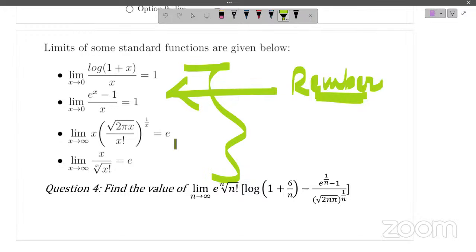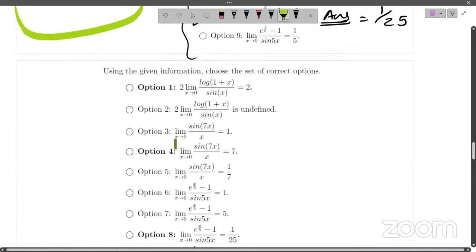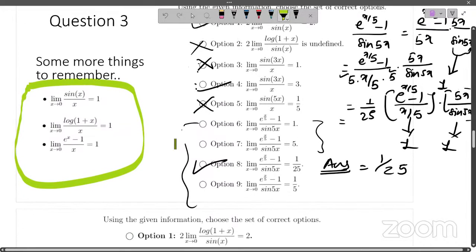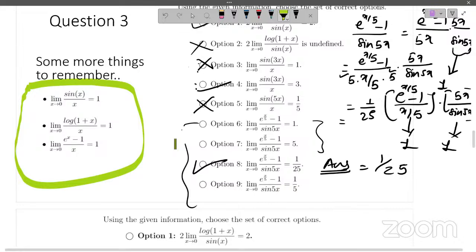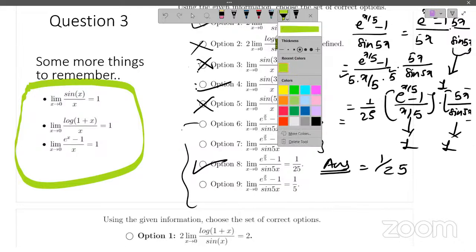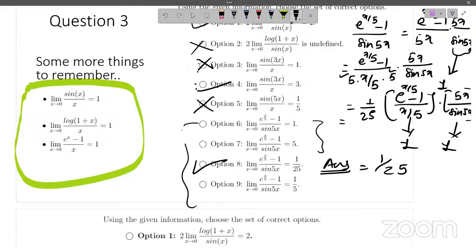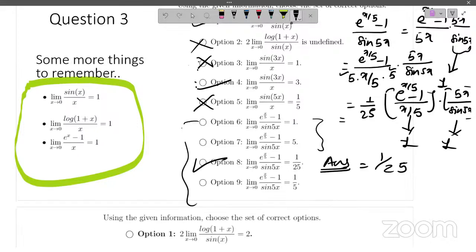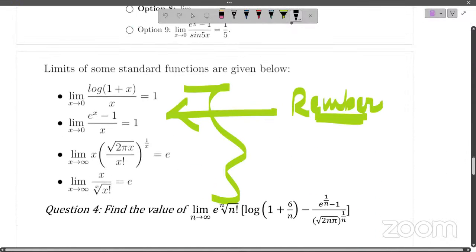Okay. Can you go to the previous slide? Yeah, this one. Yes. It is not that trivial to show that this limit will exist and turn out to be this value. It requires some more tools. It's okay.